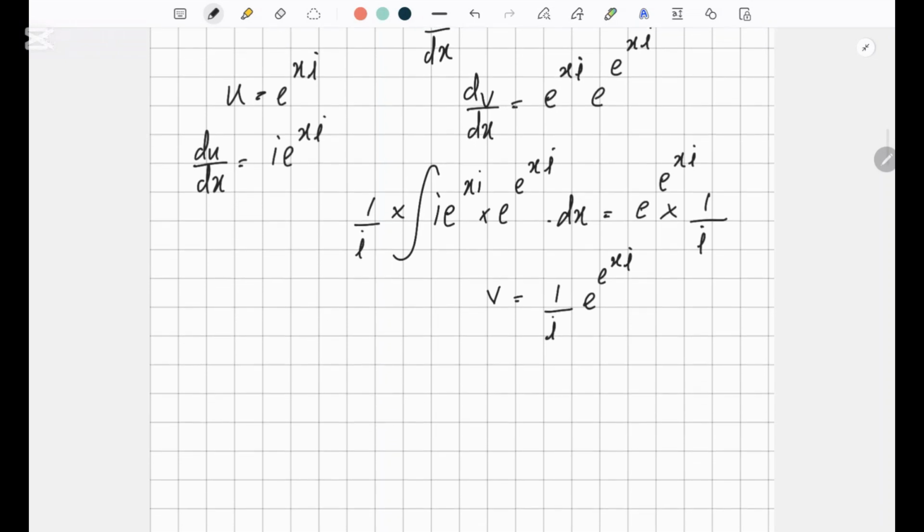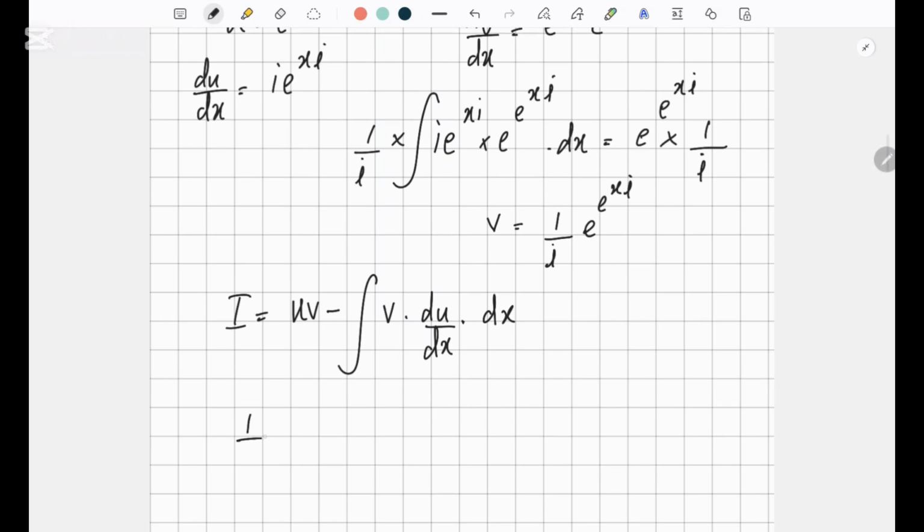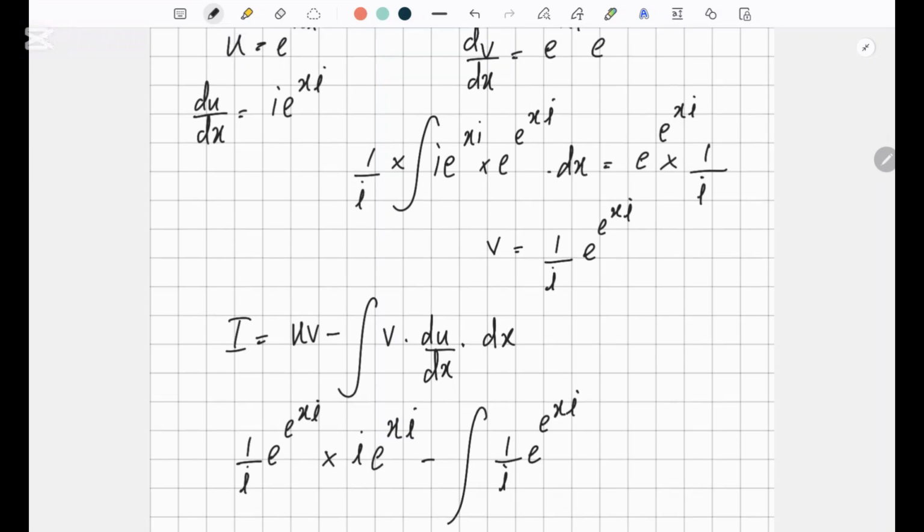Now we found u and v. Now what's the formula for integration by parts? This is your formula. Now let's follow the formula. You can see we have u into v. So u into v is 1 over i into e to the power xi into e to the power xi, right? Minus v... Oh, I'm sorry, I think I made a mistake.